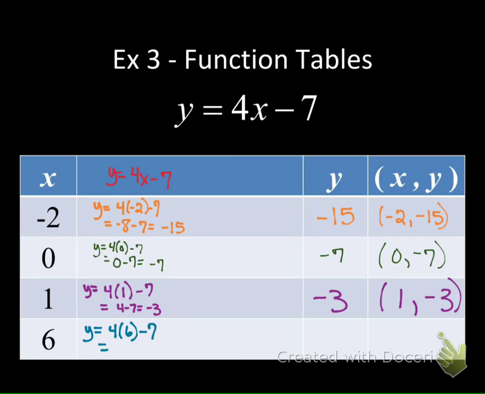Now what do I do? 24 minus 7. Which equals? 17. So my output is 17, and then your ordered pair? 6.